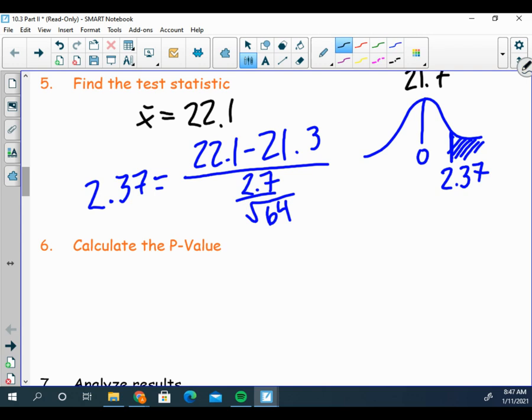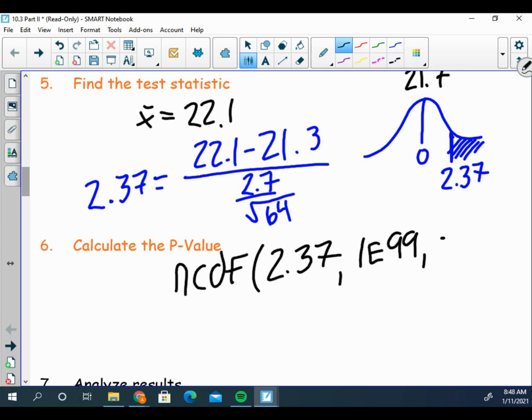So we're going to calculate that p-value now. What are the odds that 2.37 or a number bigger than it, because it's right-tailed, occurs again? Well, if I want to find the probability that I get a value as extreme or more, I'm going to go from 2.37 to infinity.